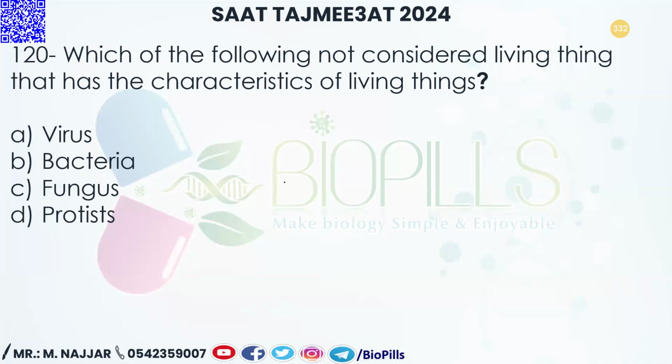Which of the following is not considered a living thing that has the characteristics of living things? Easy. Yeah, exactly, it is the virus. It is only genetic material surrounded by a protein, and it's an obligate endoparasite. Obligate means mandatory. Endo means inside.